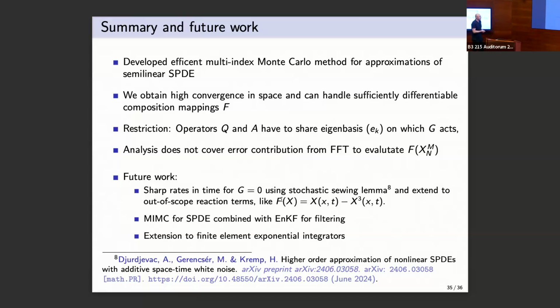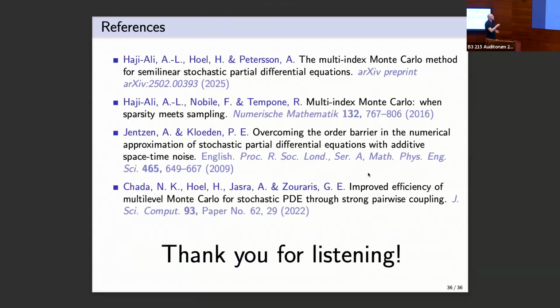But it would be interesting to see if we could also combine multi-index Monte Carlo with their approach. And I think this approach can also be applied to ensemble Kalman filtering, where we have done some work before with multilevel Monte Carlo. Okay, so with that, here is our arXiv preprint of the work, and thank you for listening.